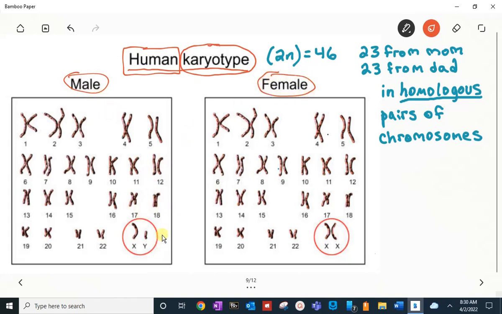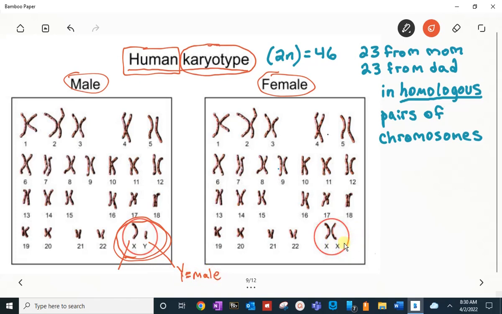If you look at the male karyotype on chromosome number 23, which is down here, we have one chromosome that's X and one chromosome that's Y, and it's the Y that makes it male.